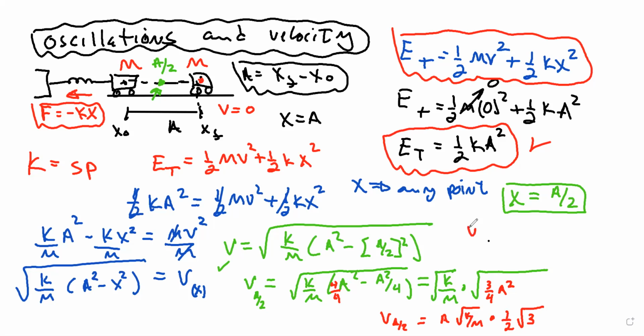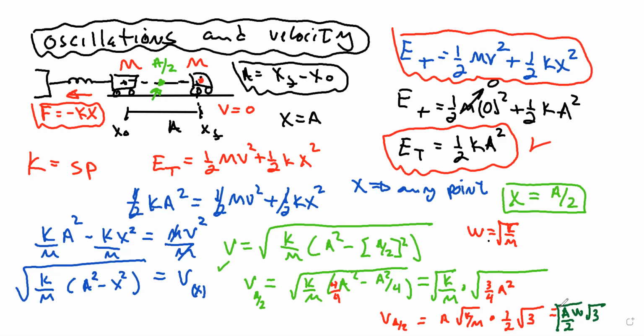Another thing is that the angular frequency is the square root of k divided by m. So this is going to be equal to A omega, where omega is the angular frequency, divided by 2, times the square root of 3.